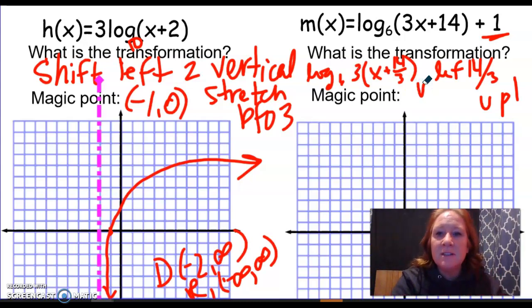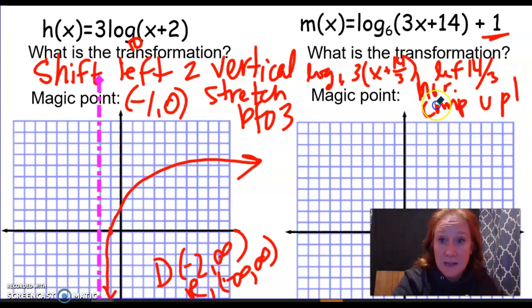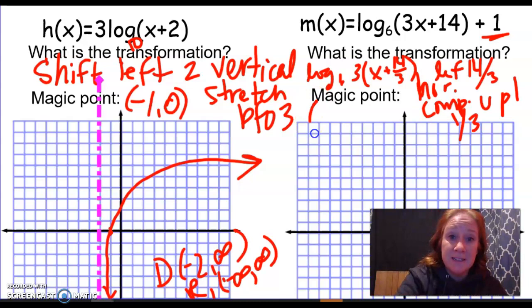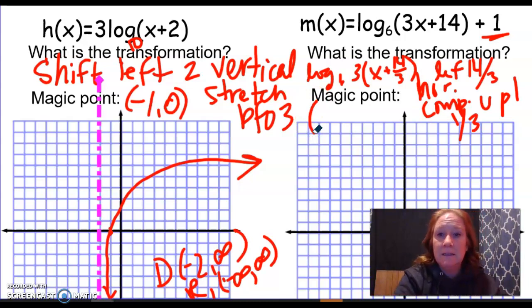I'm not as concerned about that as I am that you can see it goes left 14 over 3 and up 1. Okay, so vertical, no, so that's a horizontal compression of 1/3.